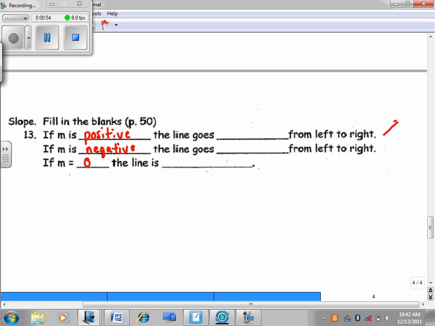Positive slope would look like this. So from left to right, our line is going up, upward. You can just put up. Negative slope looks like this. From left to right, it's going down or downward.